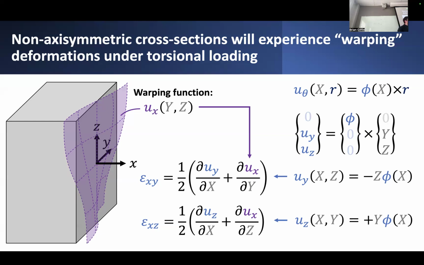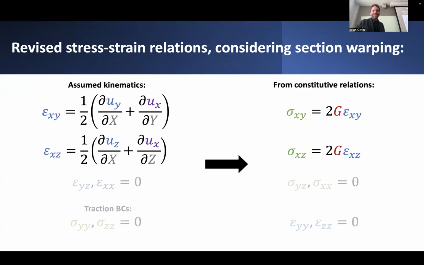Okay, and when that happens, it turns out that it doesn't really do too much, at least to our assumptions of how we come up with our resulting shear stresses. We can still figure out directly through the shear modulus how these slightly more complicated representations of shear strain relate to these slightly more complicated representations of shear stress.